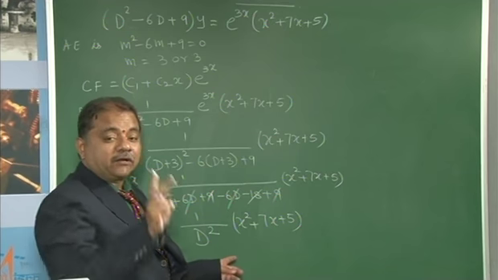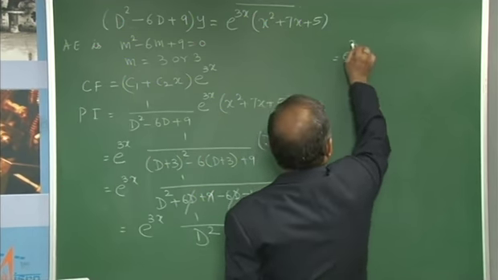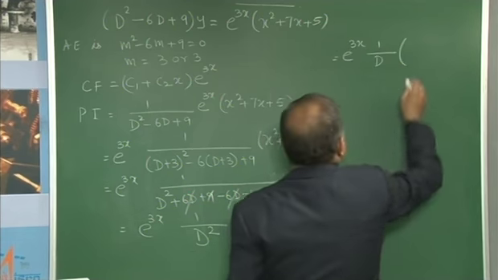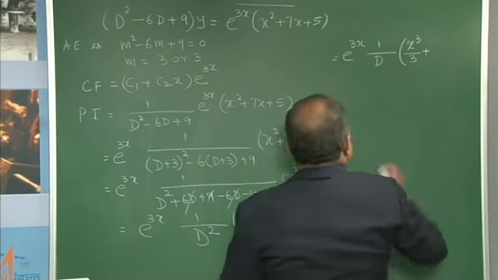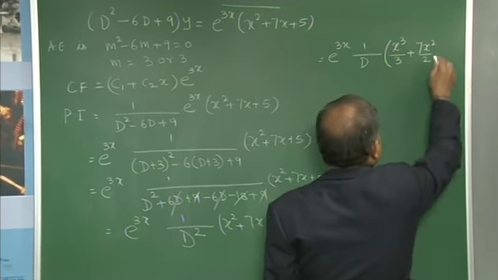Let me integrate 2 times. What is the first integration? e power 3x, let me keep 1 by D as it is. x squared integration, x cube by 3; 7x, 7x squared by 2; 5, 5x.